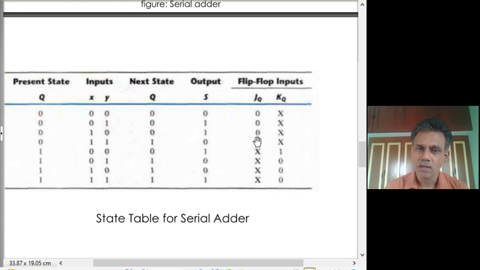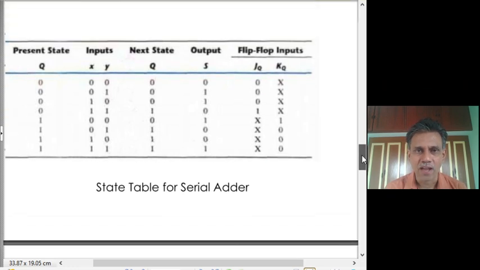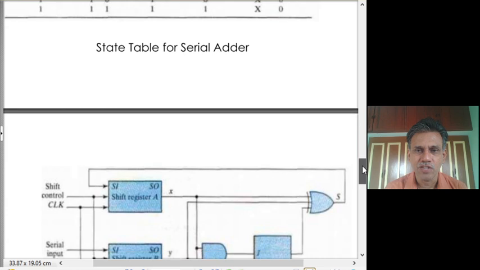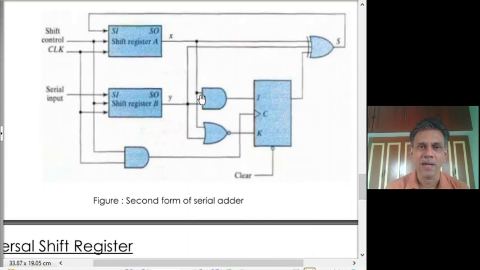If you have an excitation table, we can easily find out the JK input for the present bit and the next bit, and using that this can be stored. This is just to give an idea how this arrives at. So using the same value, we have got J and K, then these can be simplified using a K map, and thereby J and K inputs can be arrived at.